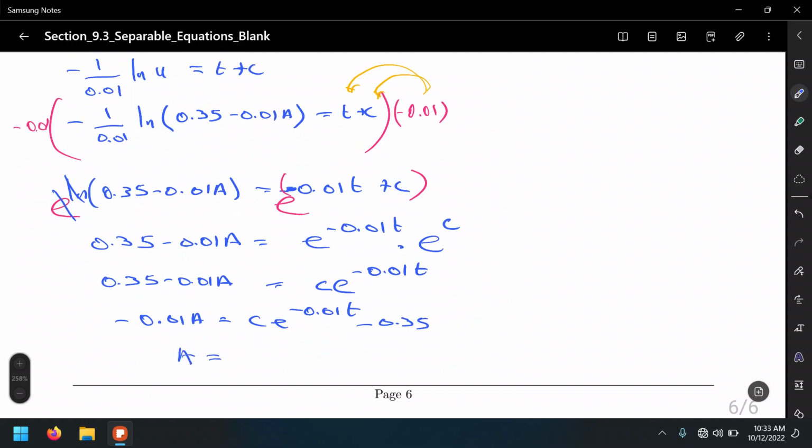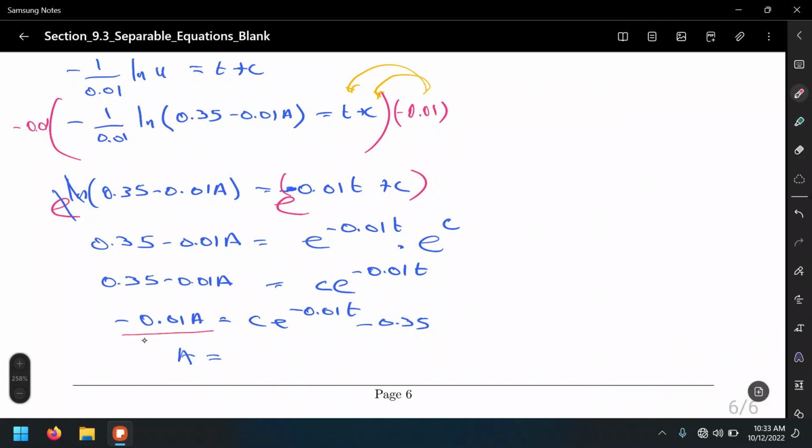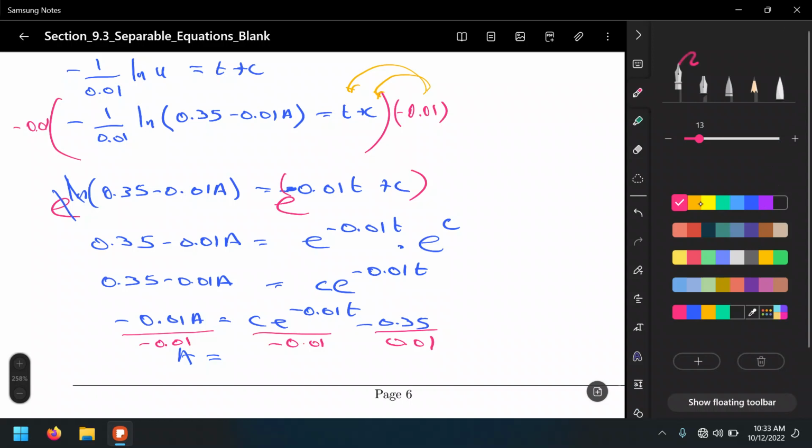So A equals... Okay, so when we divide all terms on both sides by negative 0.01, we cancel the negative 0.01s, and again, a constant divided by any number is still a constant.